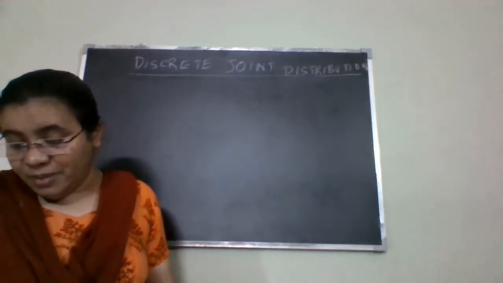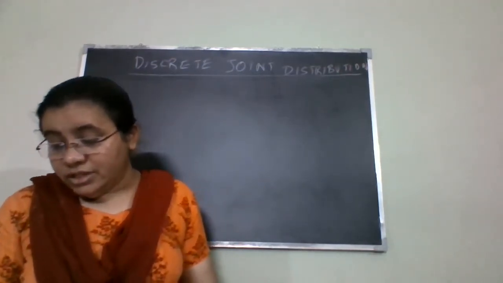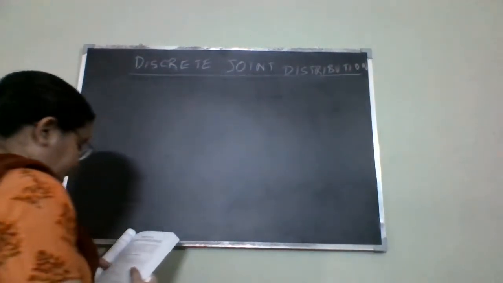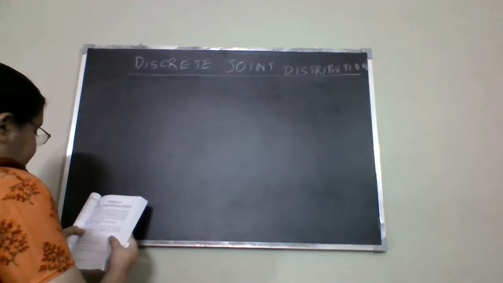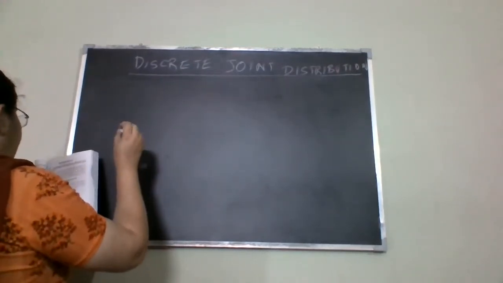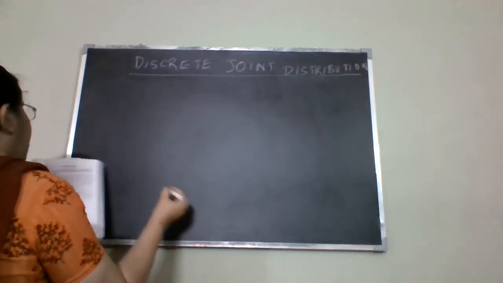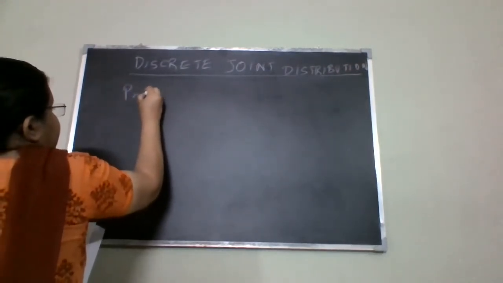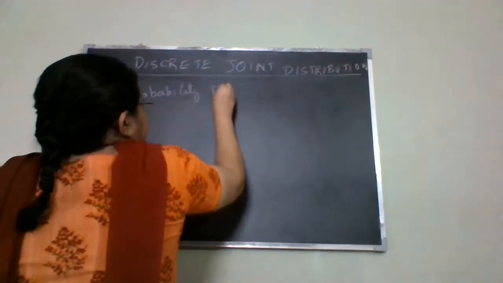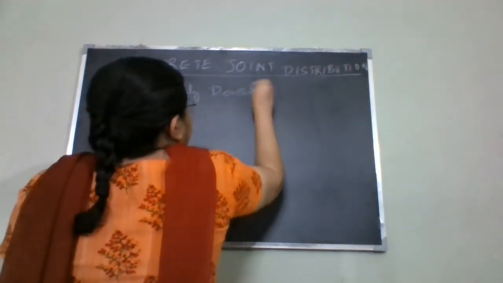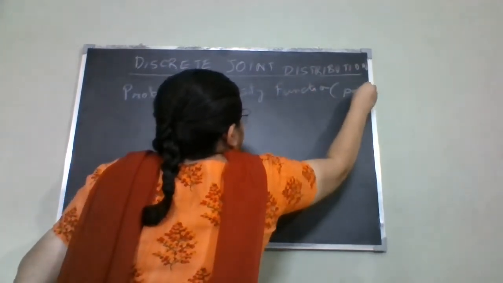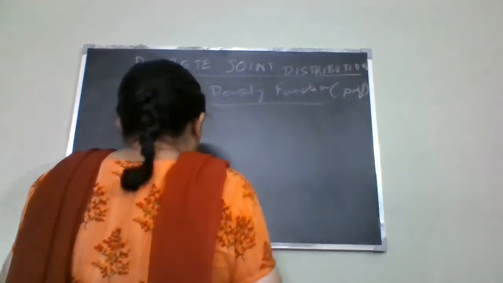Let capital X be a continuous random variable with distribution function. So let us write down the distribution function of capital X. The subtopic name is probability density function, or you can also call it density function.